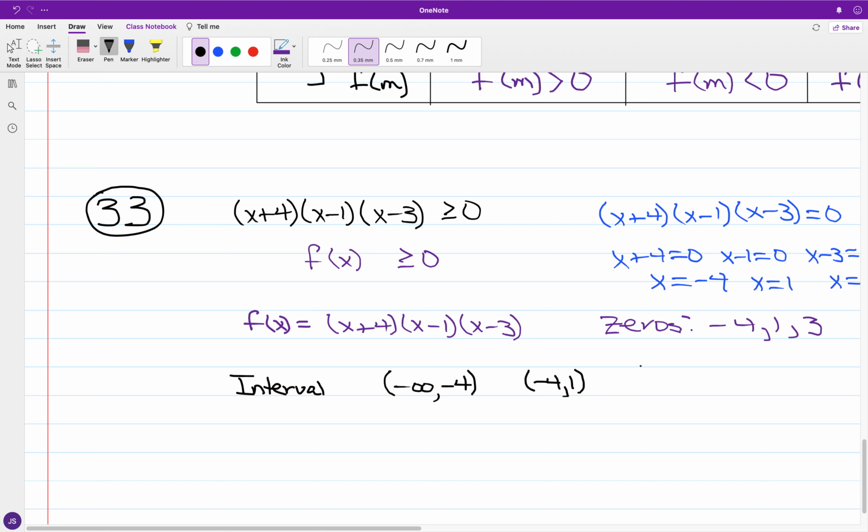And bypassing 1 just as -4 was bypassed, we have those values of x greater than 1 and less than 3. And with 3 being bypassed, finally at the highest end, we have those values of x greater than 3.